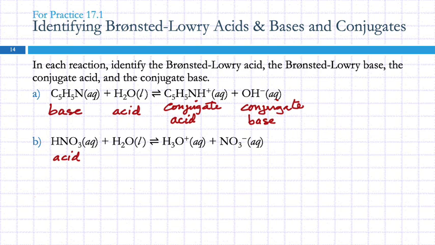So if that's the acid, what's the base? H2O, the other one. So then H3O plus, what is that? Conjugate acid. I'm just gonna call it CA. And NO3 minus would be what? The conjugate base. Does that make sense? We're just passing the hydrogen ion back and forth.